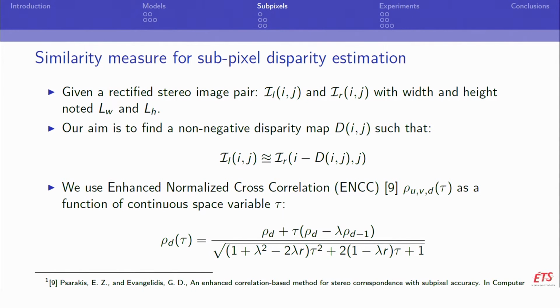So basically, we can obtain a correlation metric continuously on the whole image, and this will allow us to compute subpixel accuracy disparity. So this is the main characteristic that we are looking at in this operator.